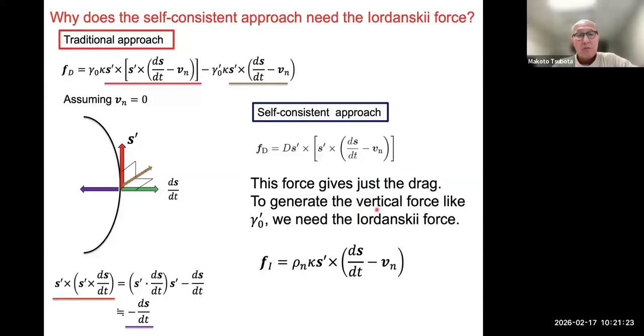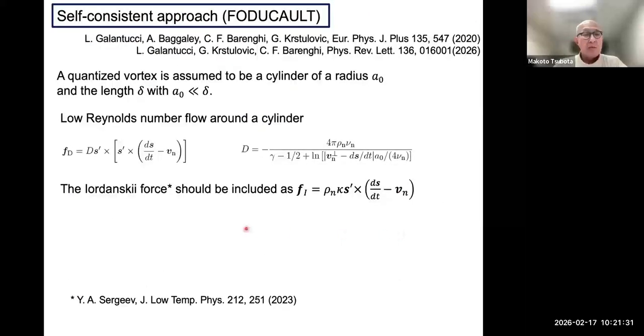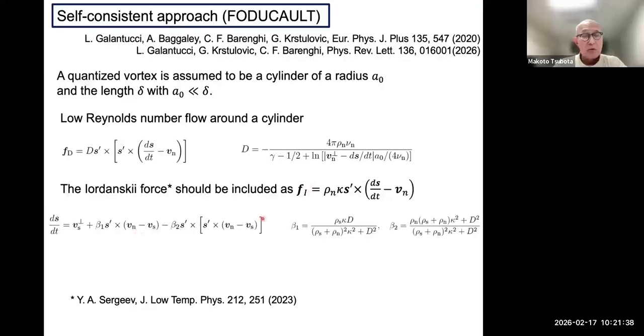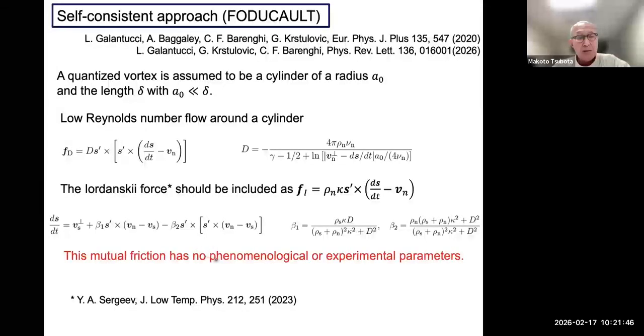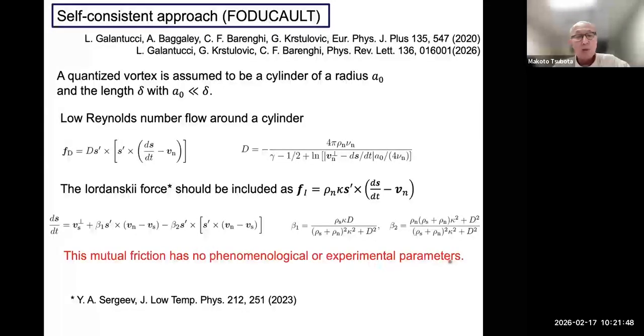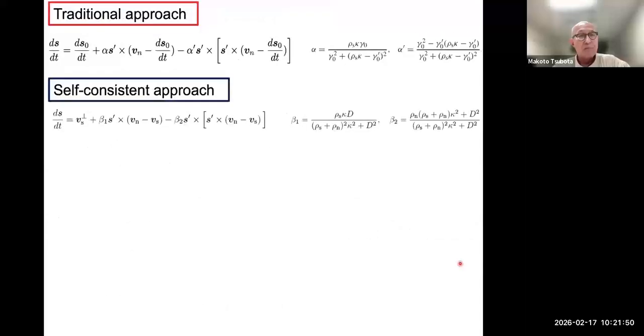To generate the perpendicular forces like gamma 0 prime, we need an Iordanskii force. But anyway, including the Iordanskii force in the self-consistent approach, we can obtain this kind of equation and coefficients like this. The advantage of this formulation is that it has no phenomenological or experimental parameters. This is very good news.